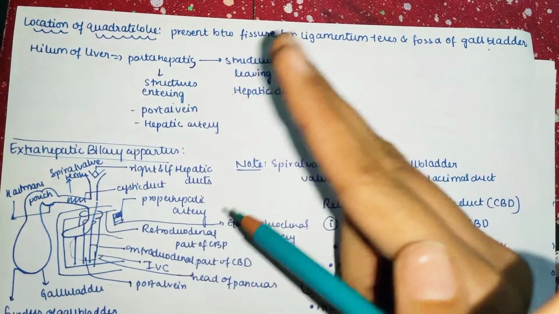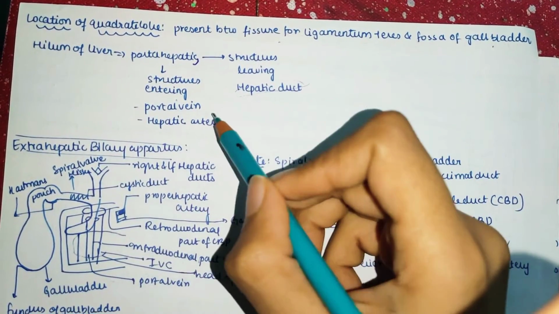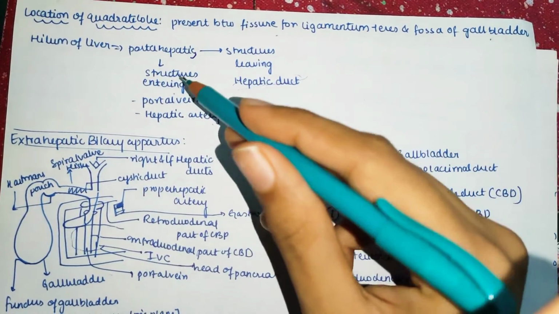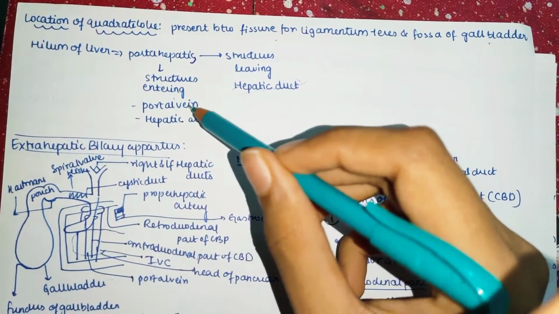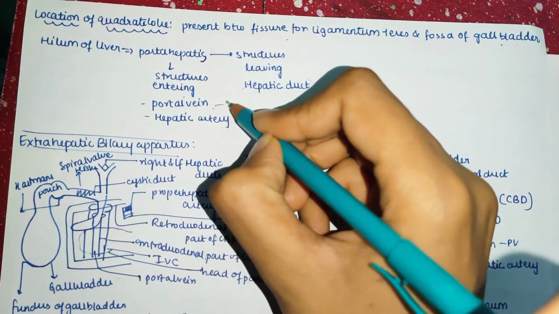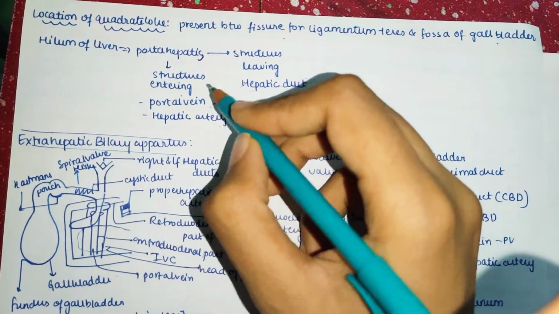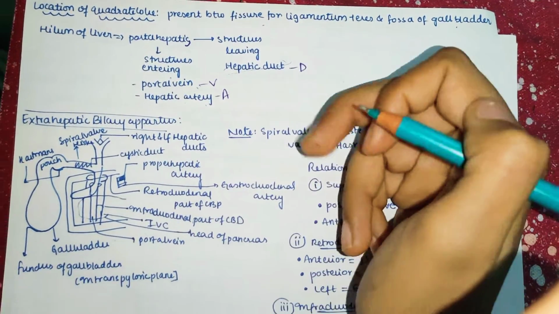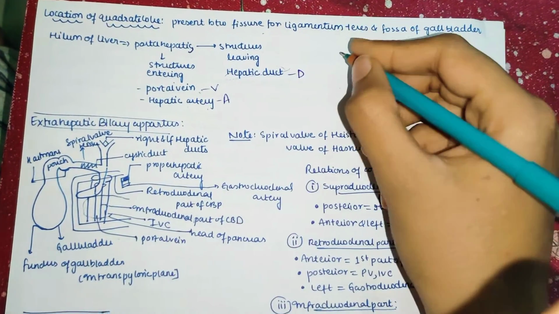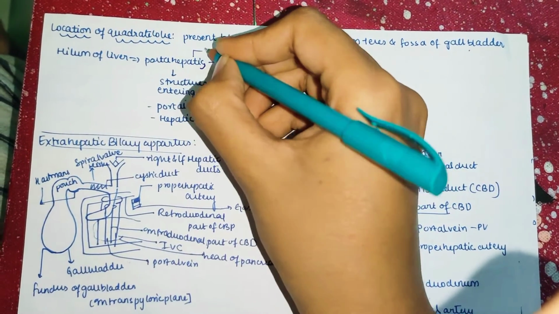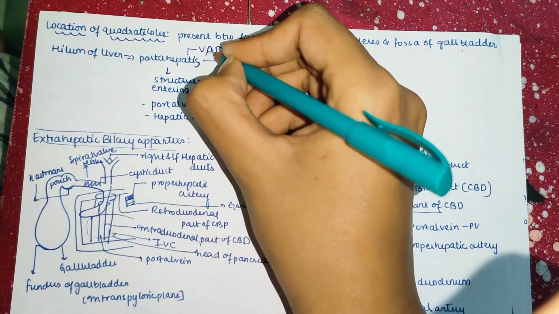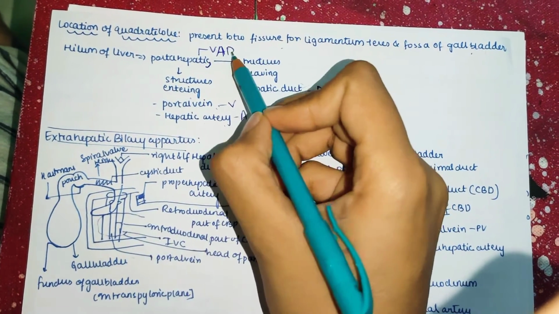So the hepatic duct will be coming out from the porta hepatis, but the portal vein and hepatic artery are entering into the hilum of liver. So you can remember V, A, vein and artery are going into the porta hepatis, but duct is coming out from the porta hepatis. So the porta hepatis structures are VAD. Or else you can remember in reverse way, DAV.